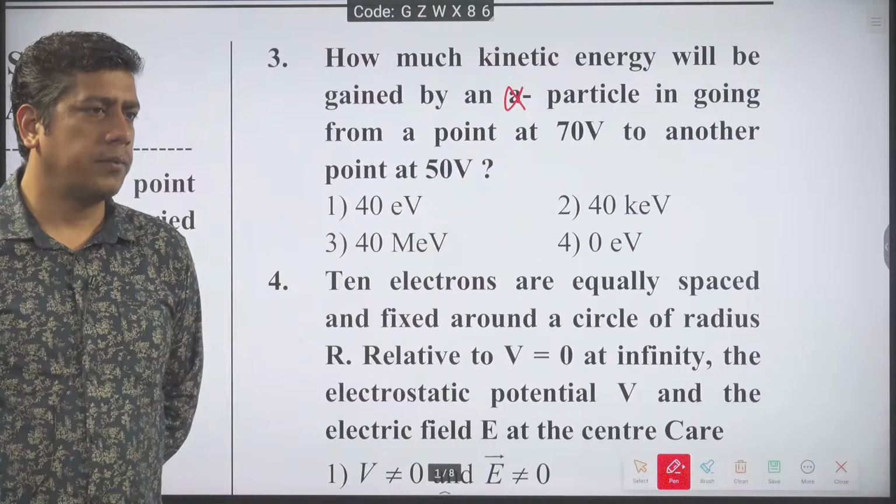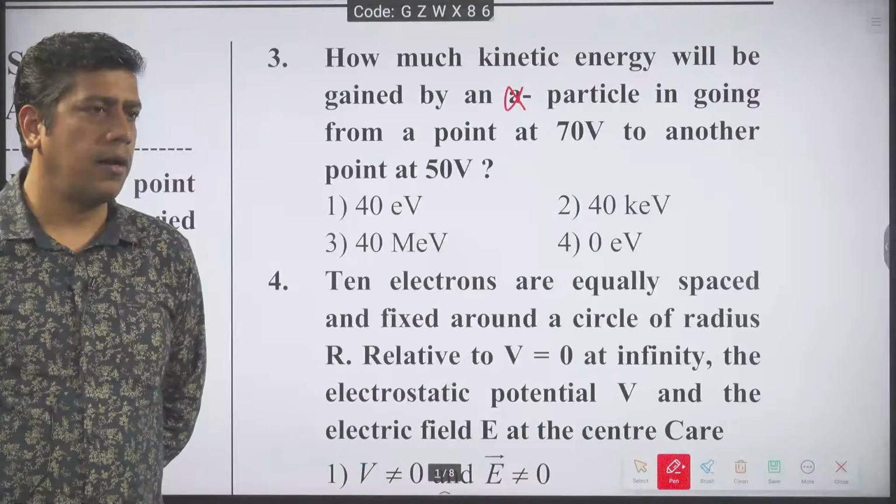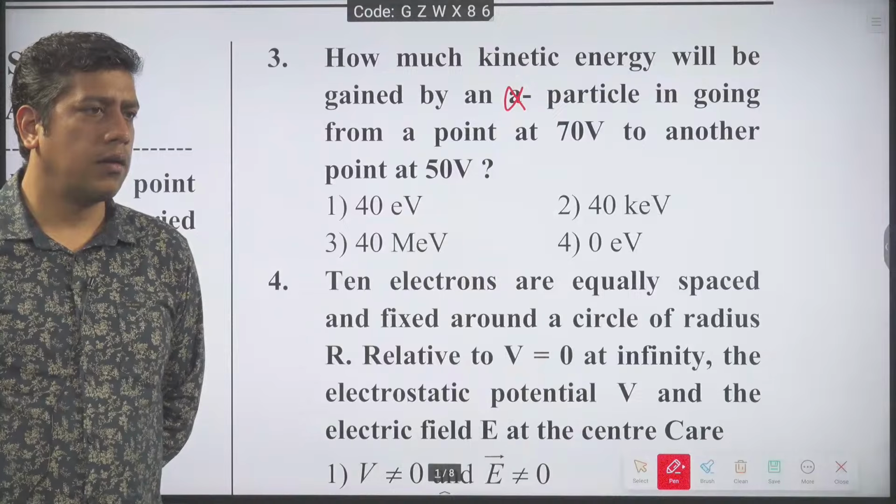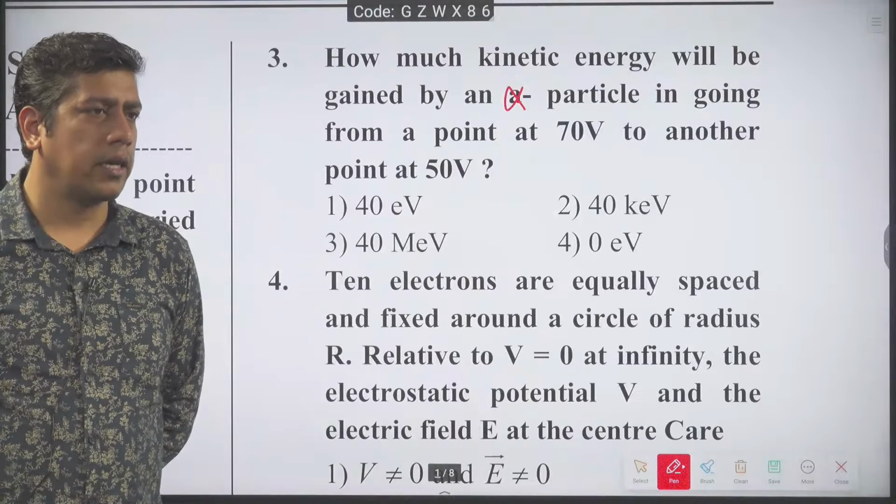Satakshi is saying first option. Tarun is saying 1. Rohit also 1. So almost everyone is saying 1.